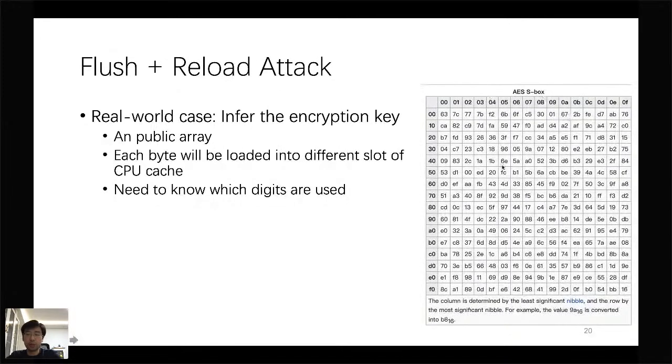The AES encryption contains something called the SBox. There are a lot of constants here, and all AES algorithms use the same SBox. But when you use your encryption key, you actually access your SBox in different orders during your encryption process.